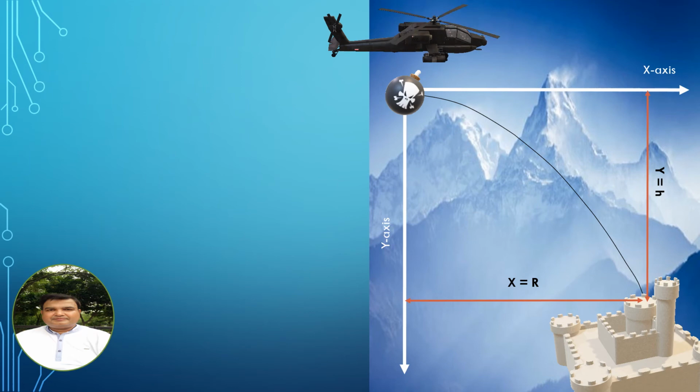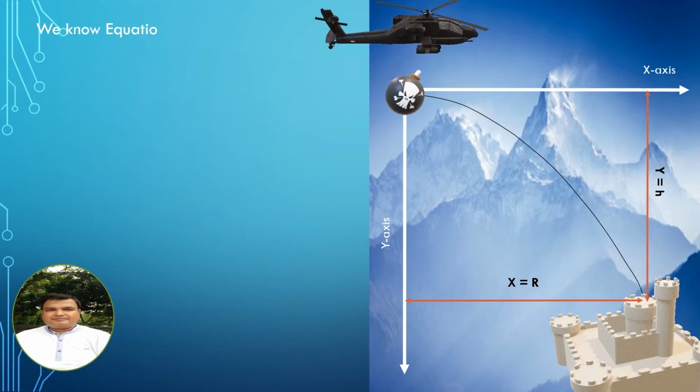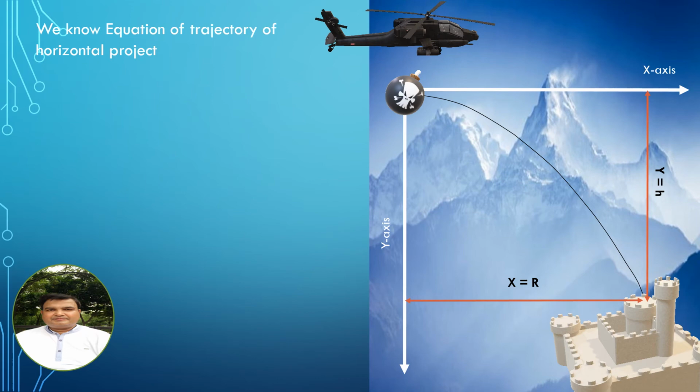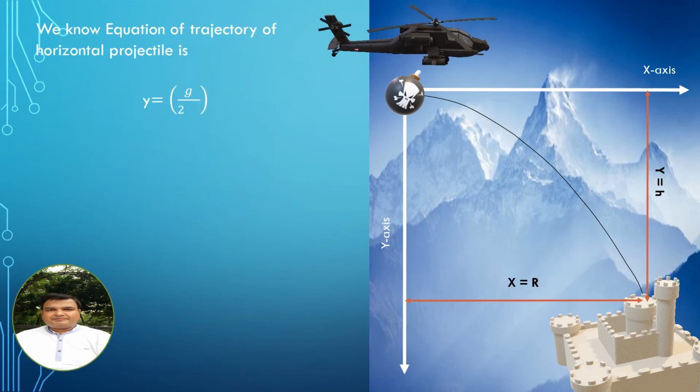The bomb is following a horizontal projectile motion. That's why we can use the equation of trajectory. We know the equation of trajectory of a horizontal projectile is y equal to g divided by 2u square multiplied by x square.